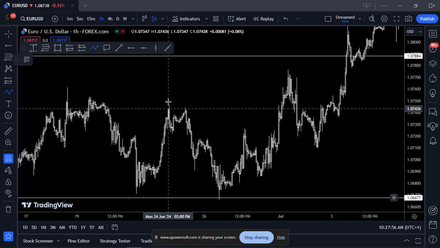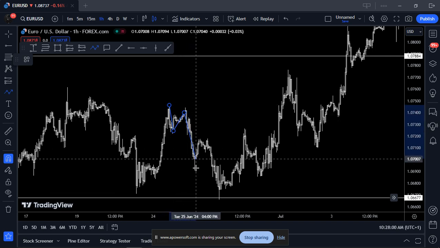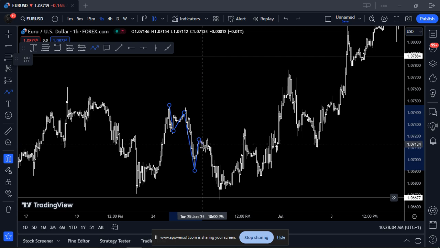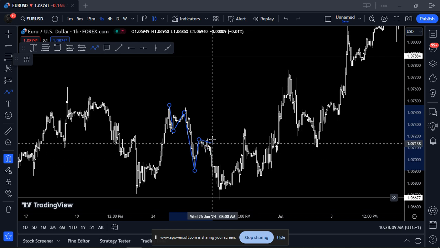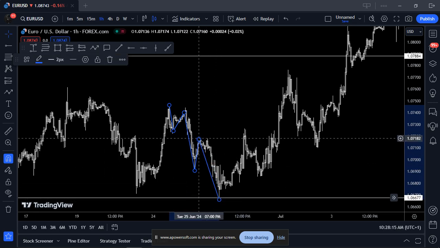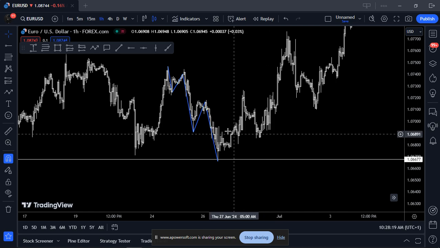Let's work with this one as it was the last one. Yes, opposing liquidity here. Now, look at our move.